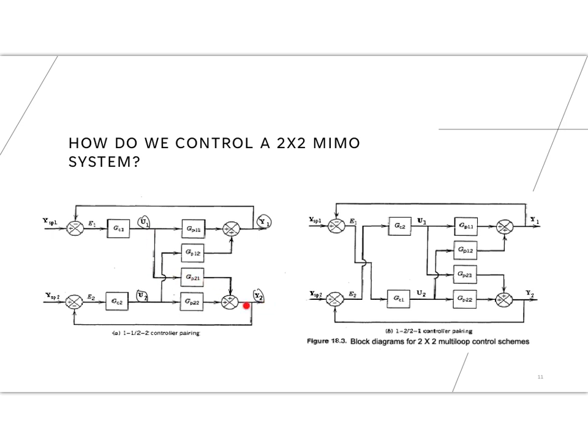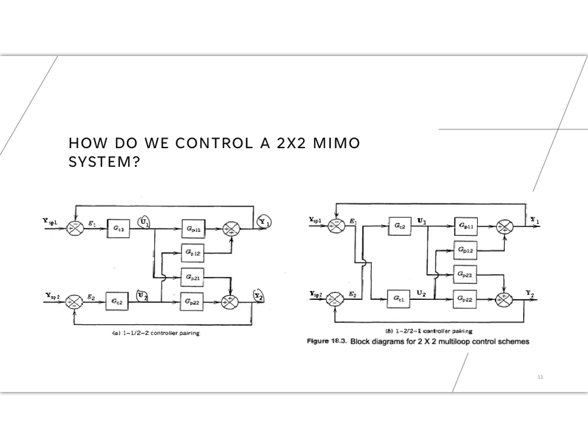So we also have this. Y1 was not just a result of U1; it also has effects from variable U2, which goes through its own transfer function and is added to the U1 contribution before you calculate Y1. So I have U1 affecting both Y1 and Y2, and U2 affecting both Y1 and Y2, but I'm only controlling each valve with one controller.